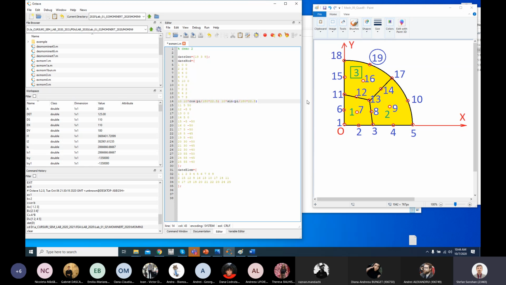Okay. For node 11, I will suppose here 4 and 0. For node 12, it's here, I will suppose 2 and 4.